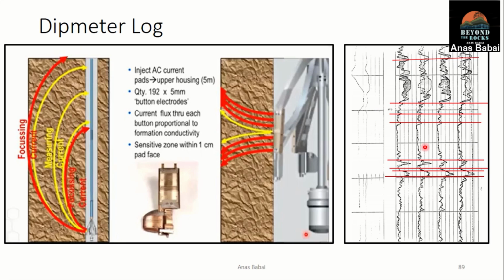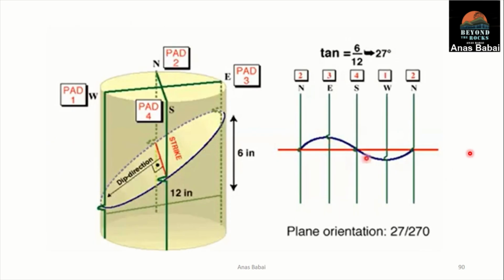But if we find any change in the depth of a specific response, for example, if we have this response in this interval, that means there is a change in the dip for that specific formation. This is an example for that. So we have pad 1, 2, 3, and 4.